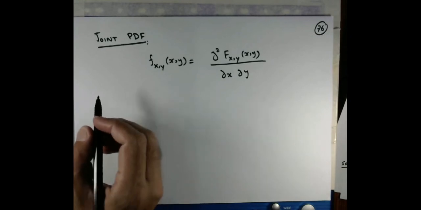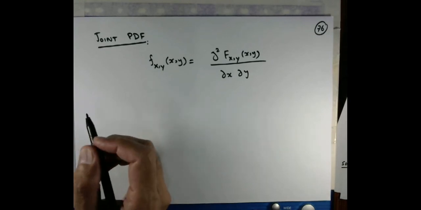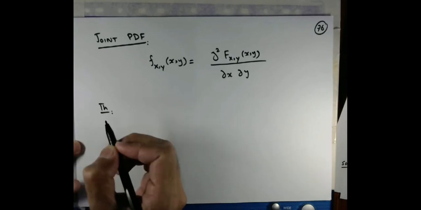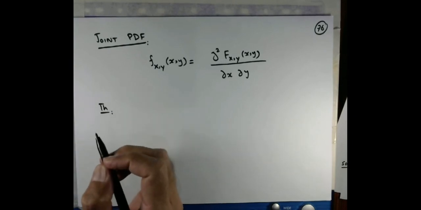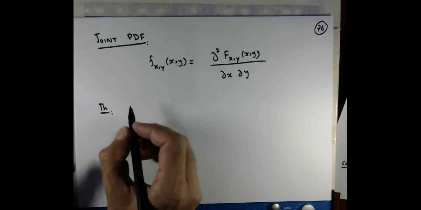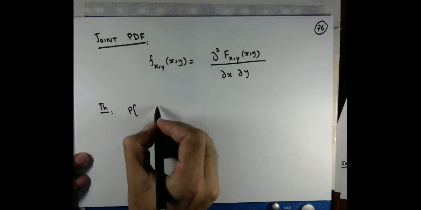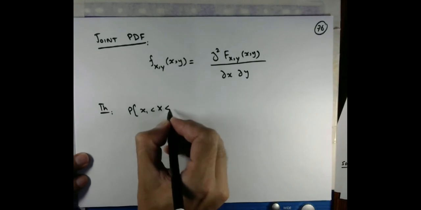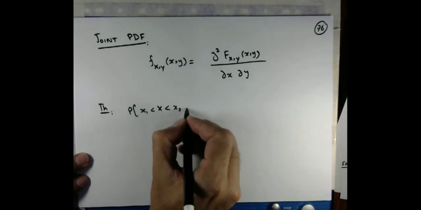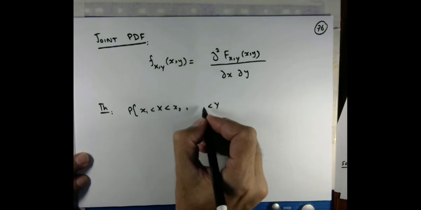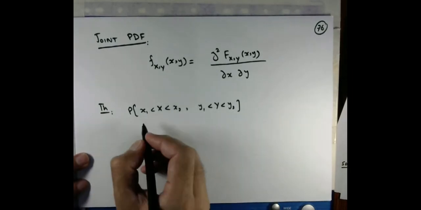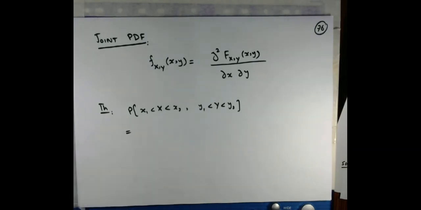There is one theorem that I would like to discuss, and that says that if you want to find the probability that x is within this range and simultaneously y is within this range, and you want to find this probability using the CDF, this is not easy.